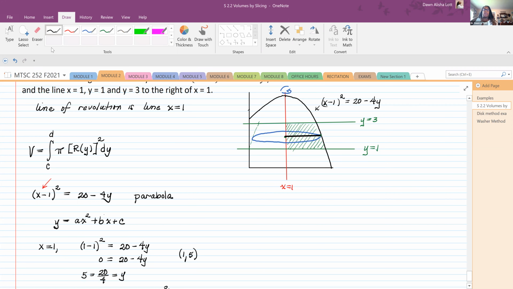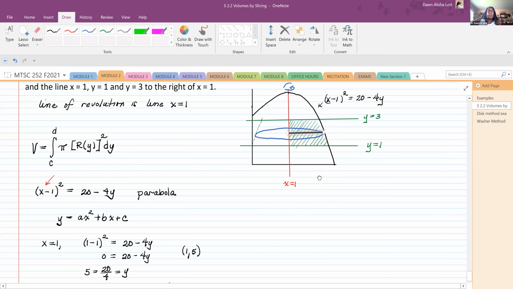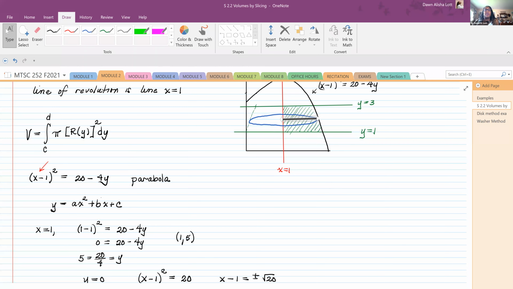I need to give that a formula. Okay, so remember, this is the axis here. So this is when x is equal to 0. Okay. So I need to figure out how long that is.